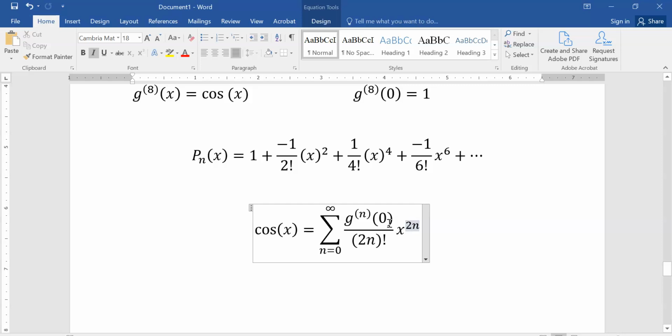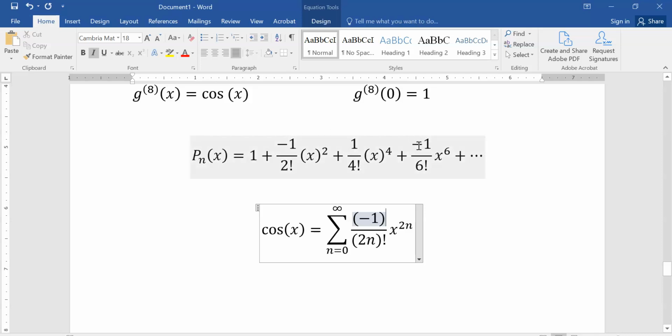Now, we want the sign on all of these even powers to alternate. So I want on the numerator basically an alternating piece. So I need to stick in negative 1 to the nth power. And it is to the nth power because we're starting with plugging in a 0.